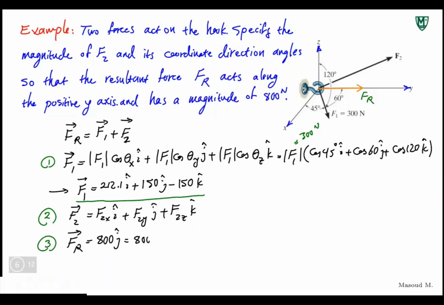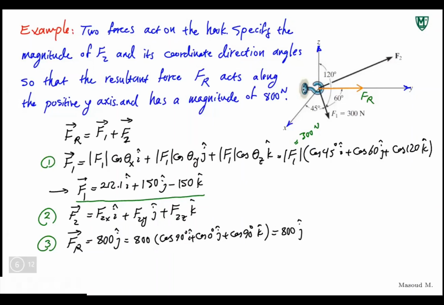This is pretty much just 800 times cosine 90 degrees i plus cosine 0 degrees j plus cosine 90 degrees k. Gives you 800j. But you could also infer that from the information you're given. It's in positive y and has the magnitude of 800.